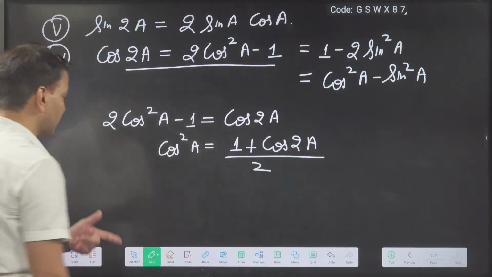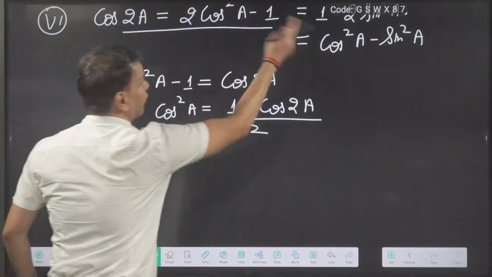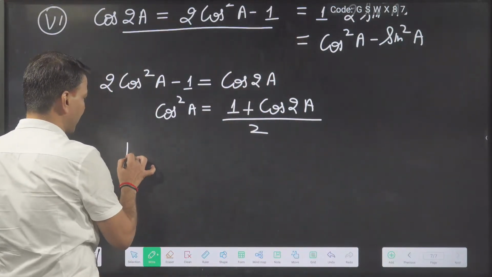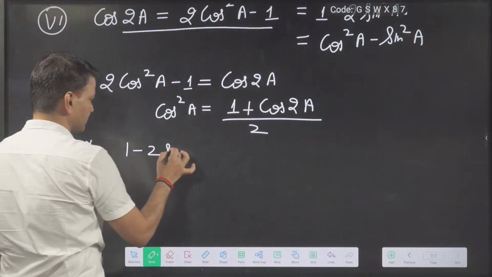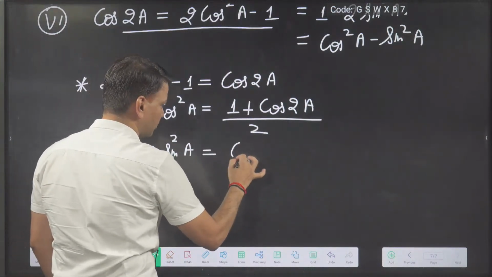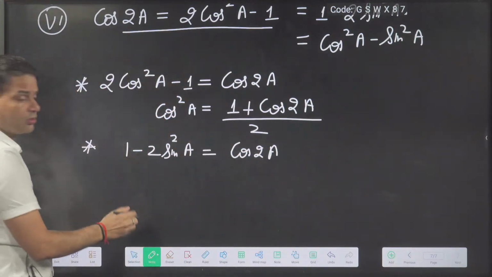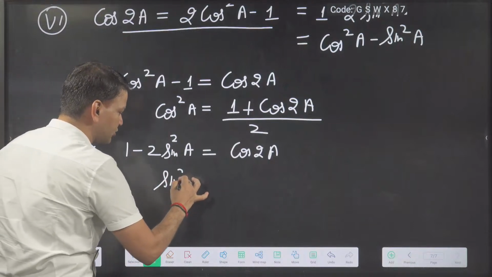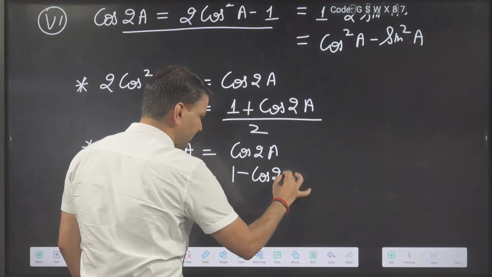Second, if I have given the sine square a, then I will use the second formula. Then I can say 1 minus 2 sine square a is equal to cos 2a. From this you will shift this side. So sine square a, what you will get? Sine square a directly I am writing now 1 minus cos 2a by 2.